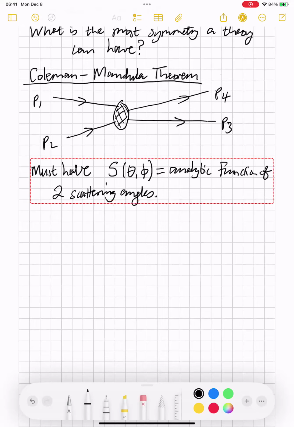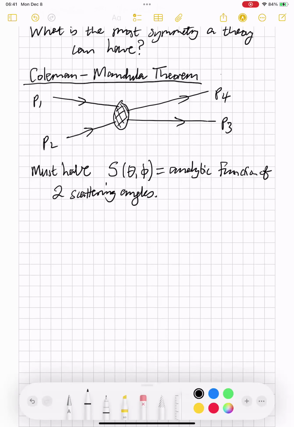Now, where does this constraint come from? Actually, the S matrix has to be an analytic function of these scattering angles so that it has properties like unitarity and causality. So this is needed for a physically sensible theory. There's a lot of theory behind this. I'm not going to explain that. I'm going to ask you to just accept it at face value that the S matrix must be analytic. This is related to deep properties of the theory like unitarity and causality, so it's needed for a sensible theory.